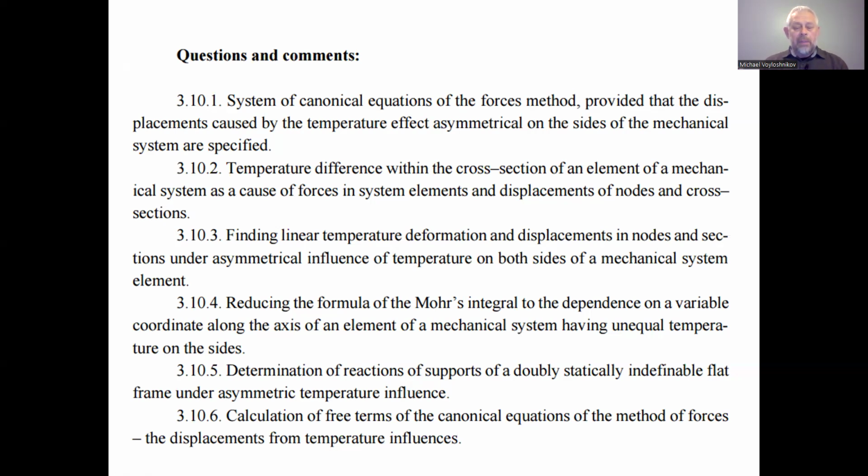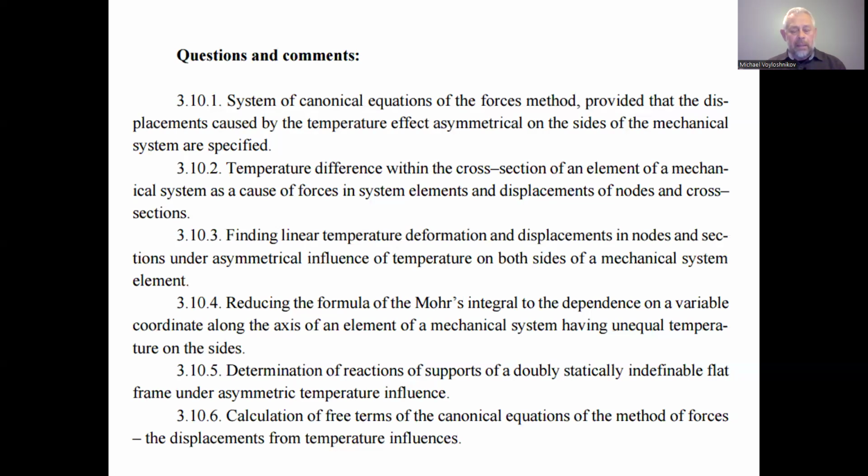And the second summand is the displacement due to the temperature impact on the expansion of the mechanical system, not on the bending, but the expansion. That's why we consider the middle line temperature in the element of the mechanical system.